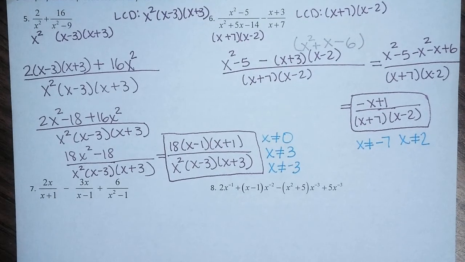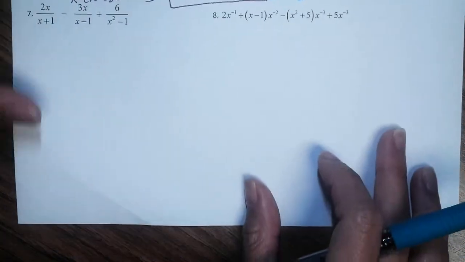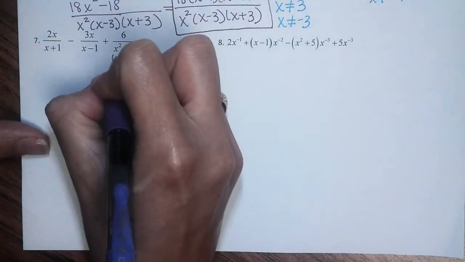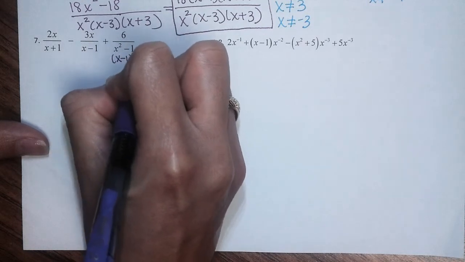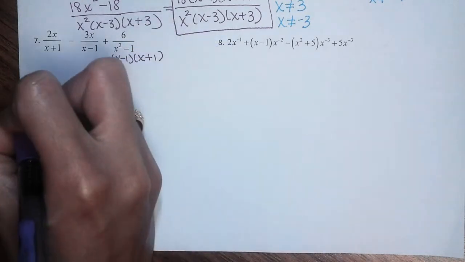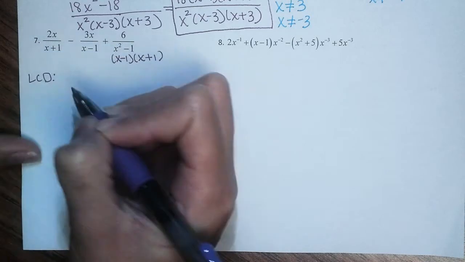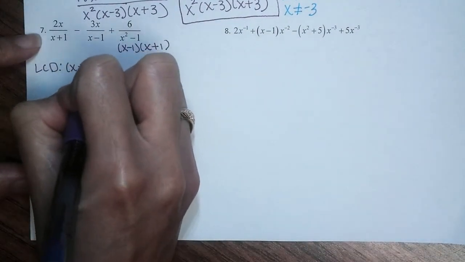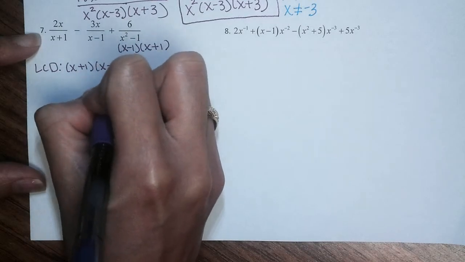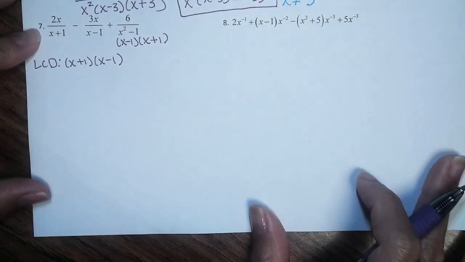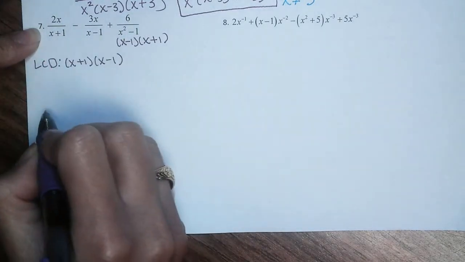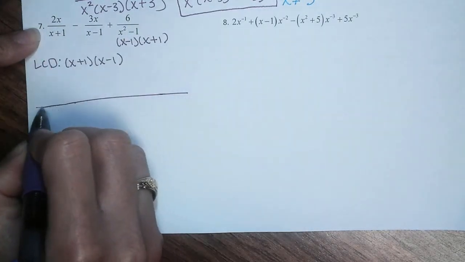Step 1. Completely factor everything and find the LCD. So for number 7, it looks like your LCD will have to be x plus 1 times x minus 1. So the way I do it is I combine all those 3 fractions into one single fraction.